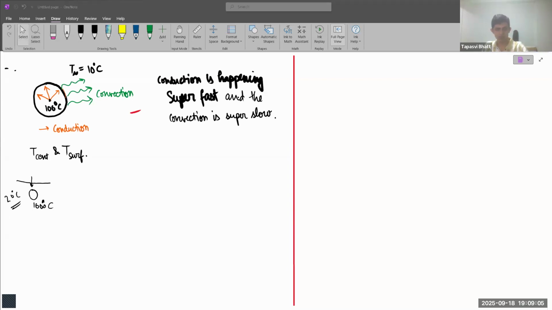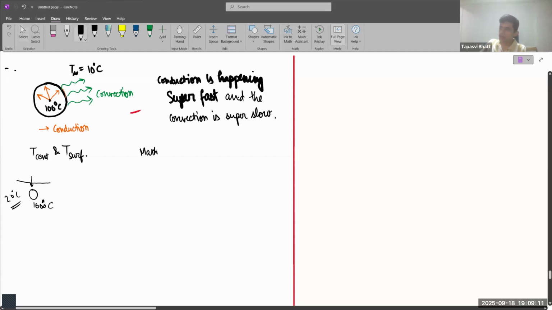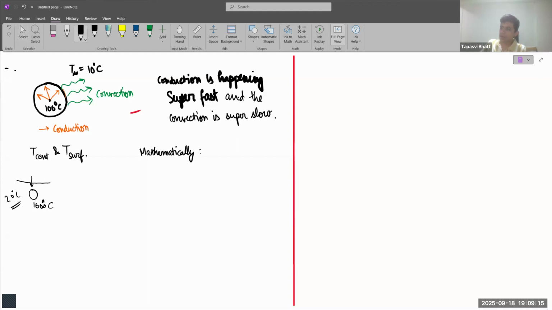Mathematically, we can say that the resistance for convection is much more than the resistance for conduction.